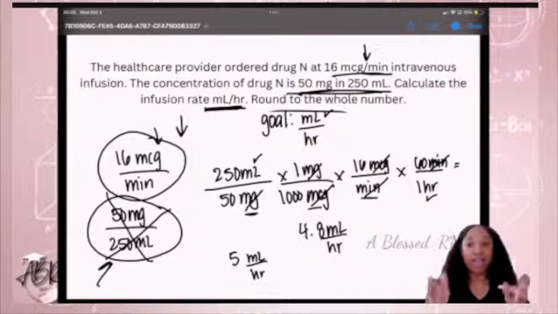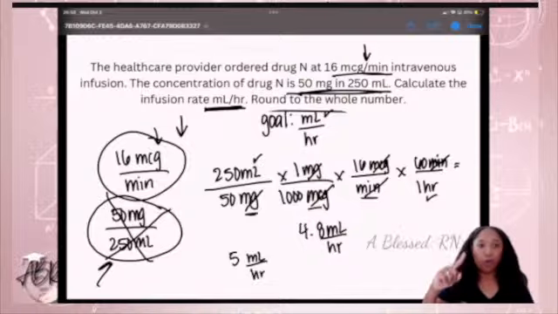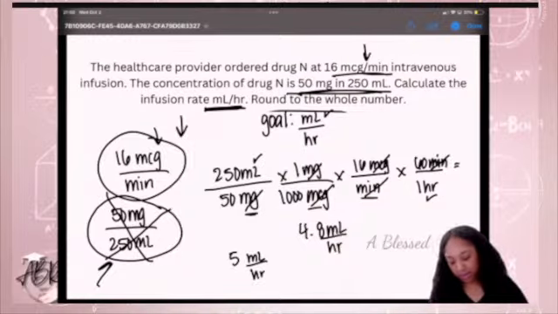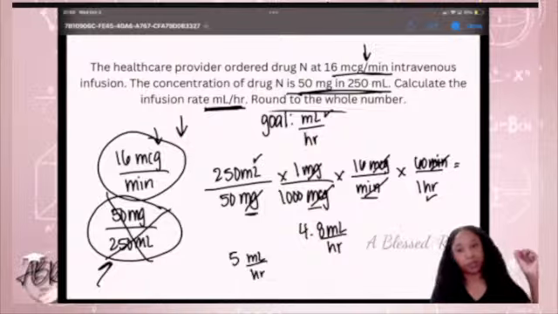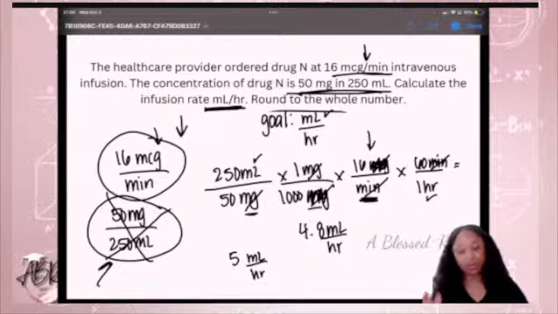Okay? So let the math, once you set up the problem, the math is going to math. Okay? So I did 1 milligram over 1,000 micrograms. That was the conversion. You must know your conversions for dosage calculations, period. You got to. So then we had micrograms at the bottom. I had a puzzle piece with micrograms in it, and I put it right there. My micrograms crossed out, and then I had minute at the bottom.